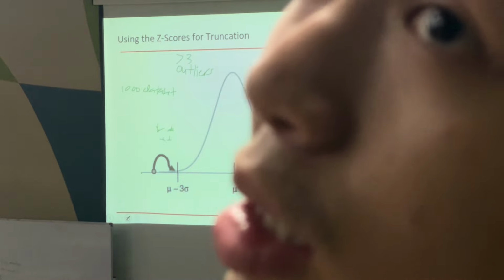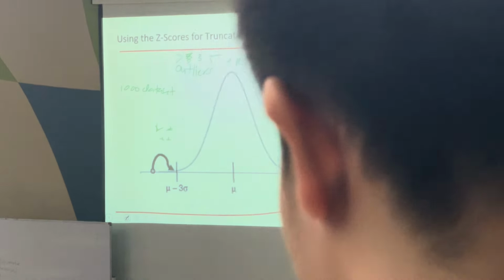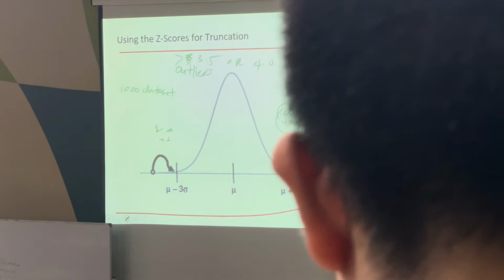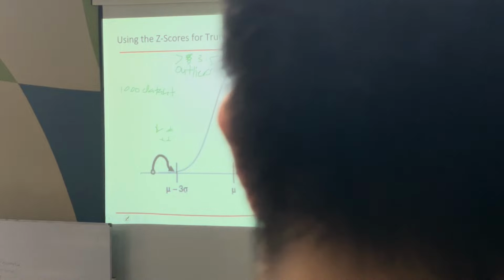To remove the highly extreme outliers, you can change this value to a larger value, for example 3.5, or you can use 4.0. Okay, so this is the formula for Z-score.